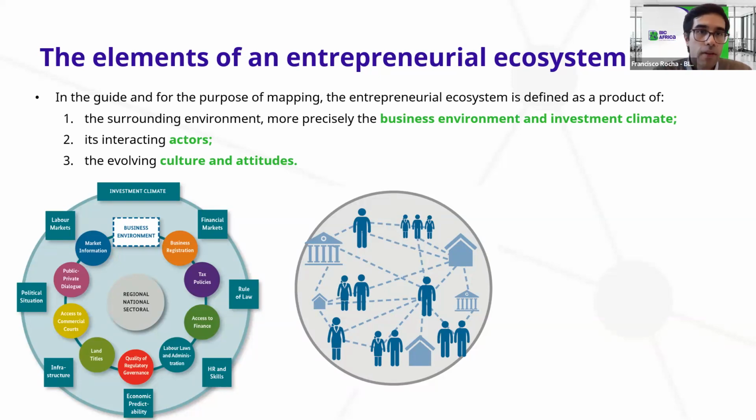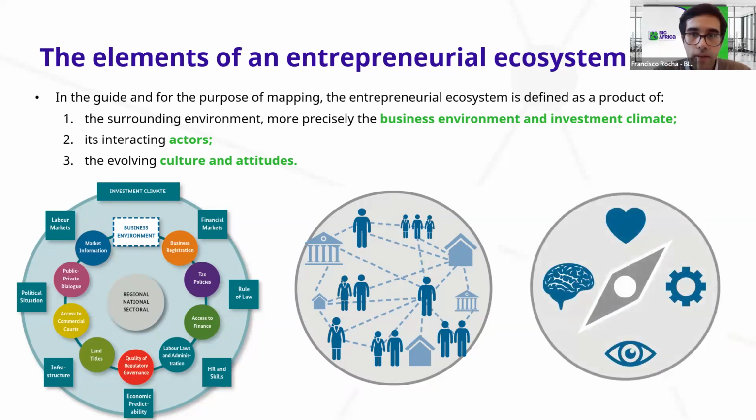The third element that is relevant, and again, there are a lot of similarities with what was said during the GEM report, concerns culture and attitudes. Of course, the culture of a society has a large impact on the entrepreneurial ecosystem.